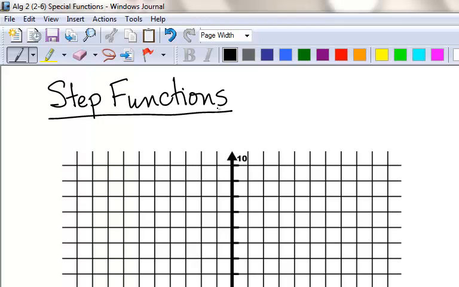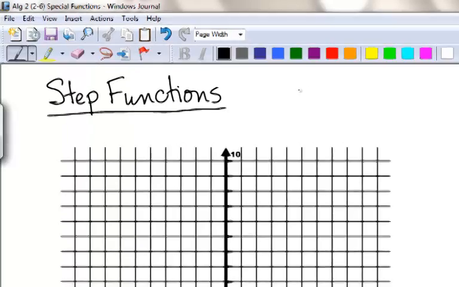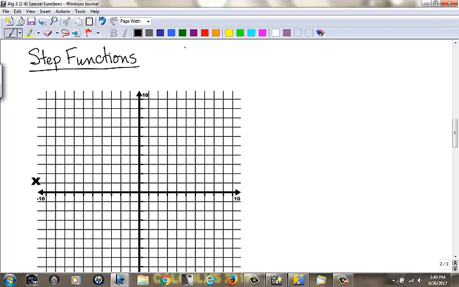So it's called a step function, and the most famous one is what they call the greatest integer function.